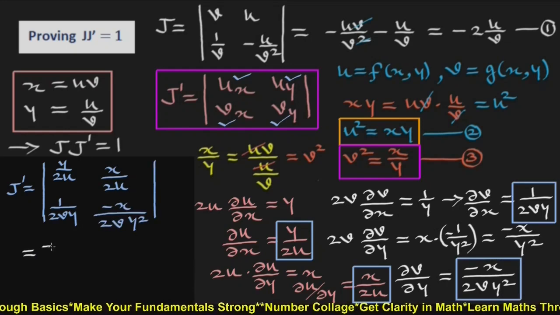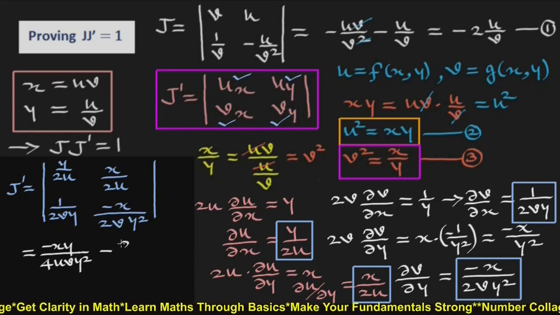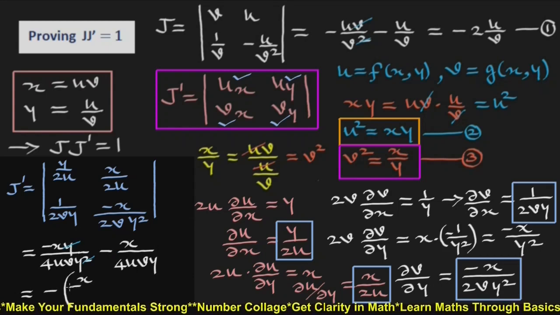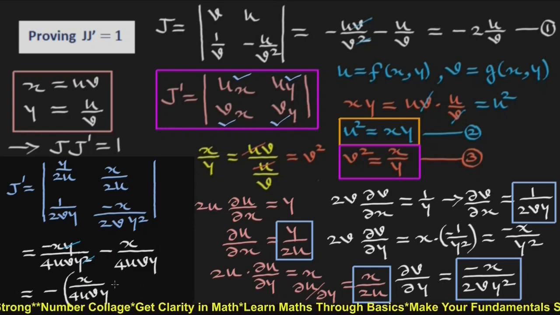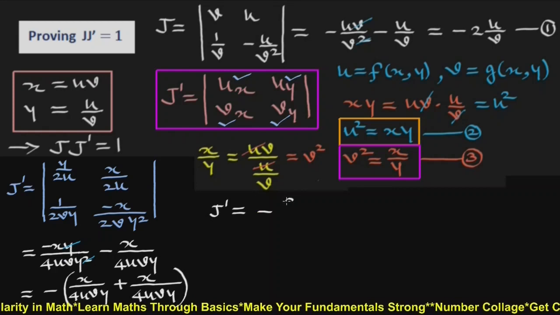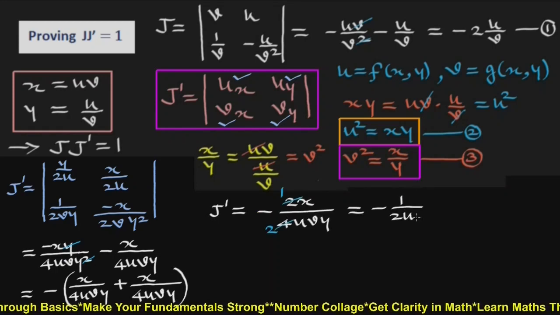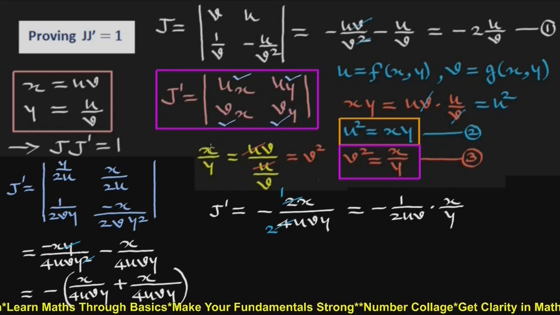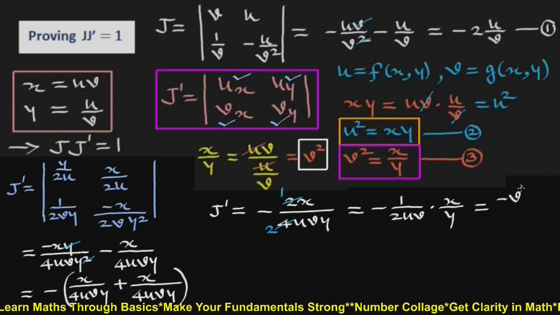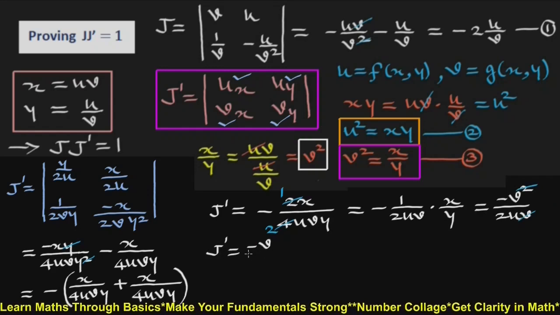This will be minus xy upon 4uvy square minus x upon 4uvy, which will be minus x upon 4uvy plus x upon 4uvy. So J' will be minus 2x upon 4uvy, minus 1 upon 2uv into x upon y, but x upon y is v square, so J' will be minus v square upon uv. Cancelling v, J' will be minus v upon 2u.